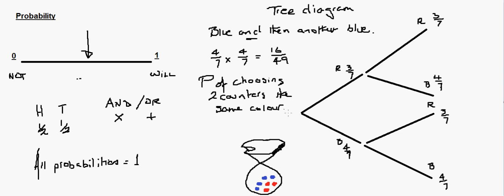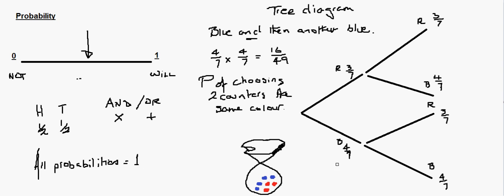Okay, so the probability of choosing two counters the same colour. Now we can see here that it doesn't have and or in the question at all. So what we need to do is rephrase the question.